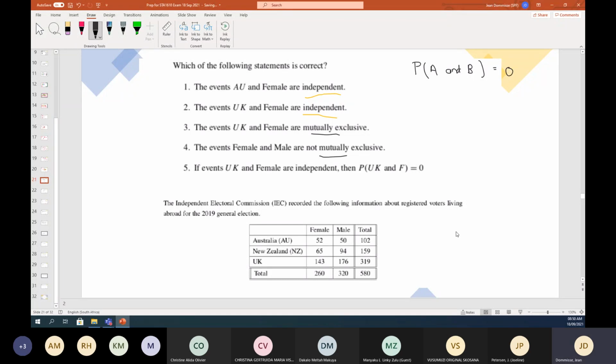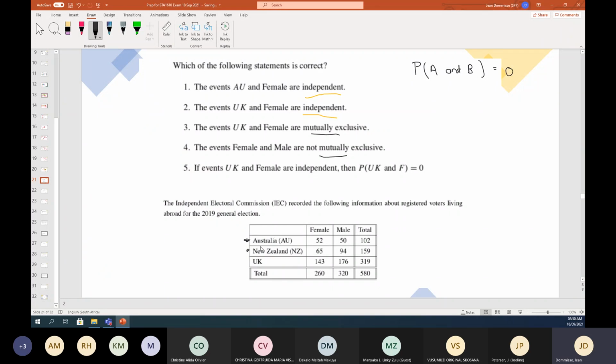Okay, so let's look at this data set. To be mutually exclusive, you can't be in Australia and New Zealand at the same time.